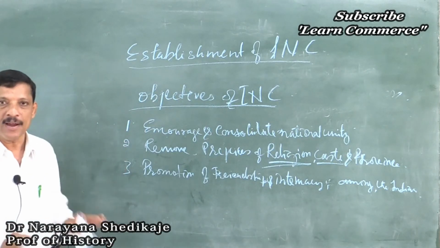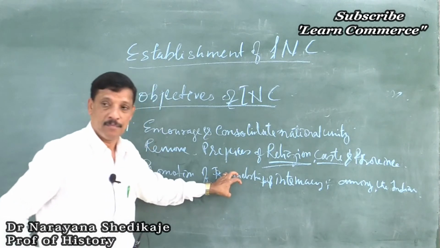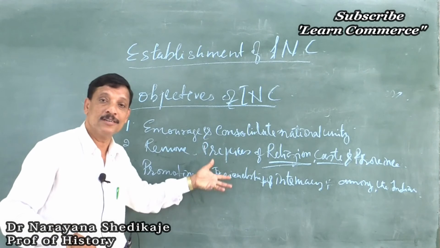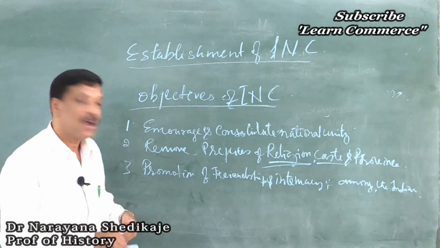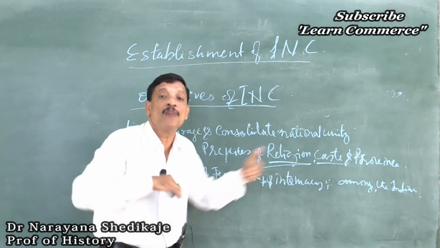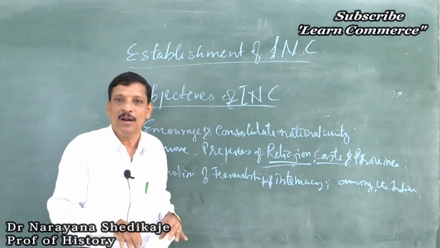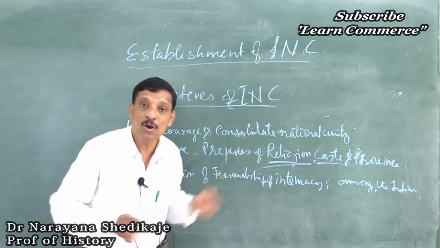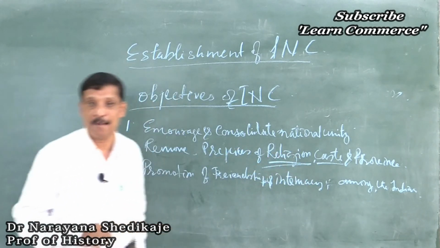So there should be what? A friendship among the Indians, the South Indians and North Indians. They should feel like we are all friends, and intimacy, we are very close. South Indian people are not far away from North Indian people because we are all in our nation, India.